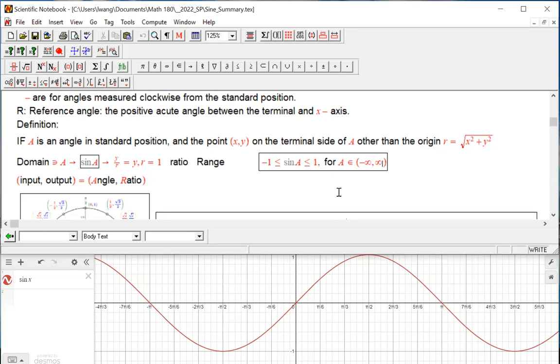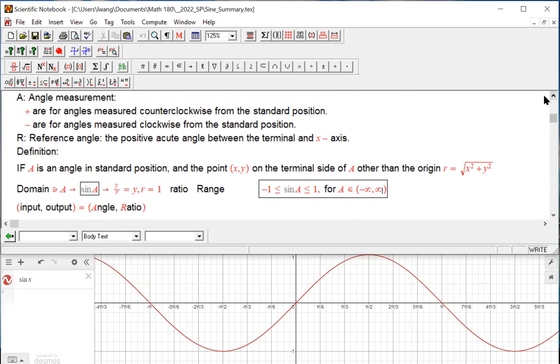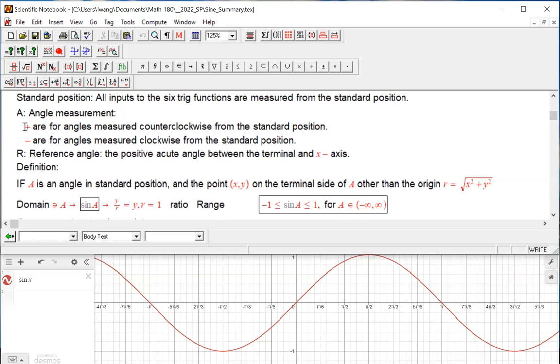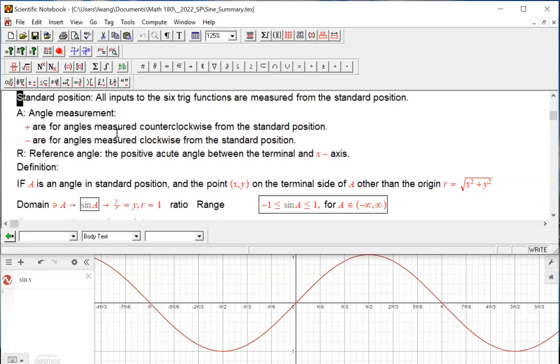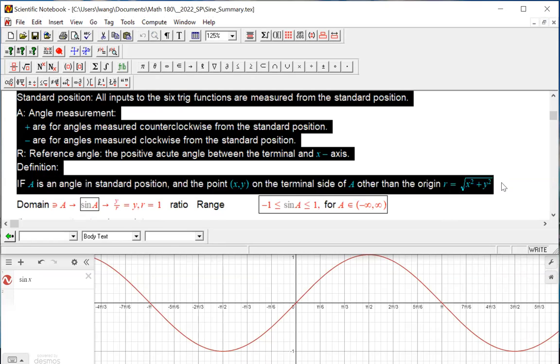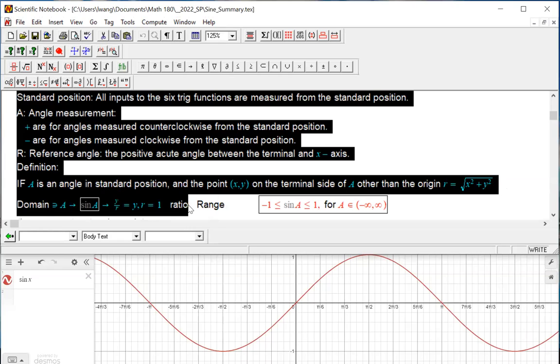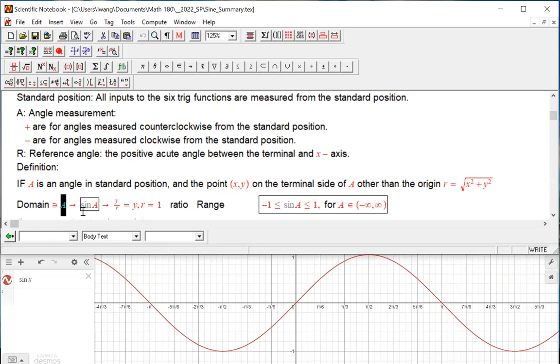And meanwhile, we very much focus on the centerpiece of these trig functions: standard position, angle measurement, reference angle, definition. This is our absolute centerpiece. We understand that the inputs are angles or arc lengths or degrees, can be anything.